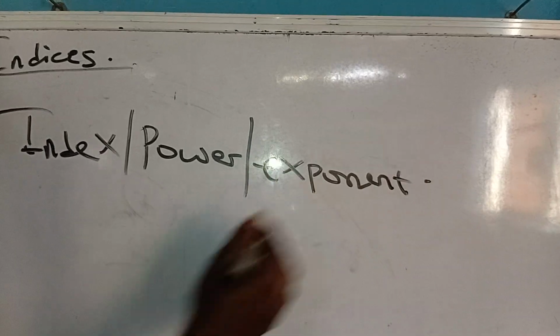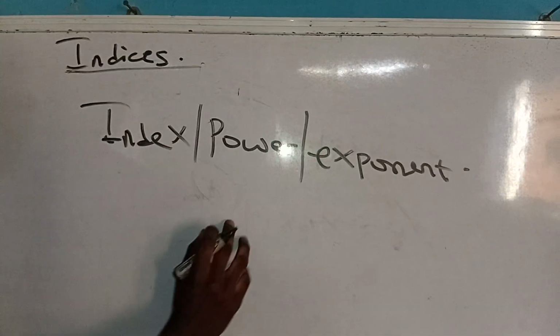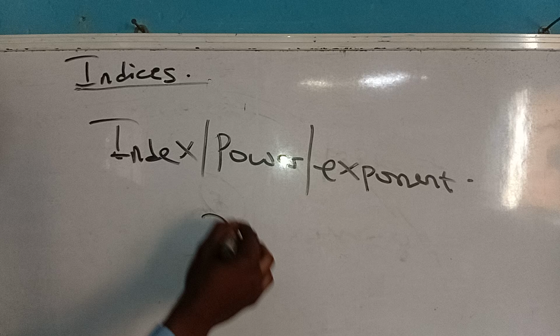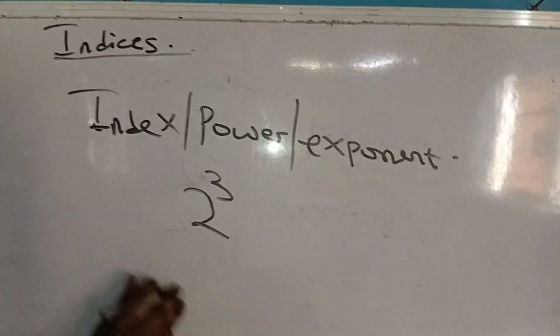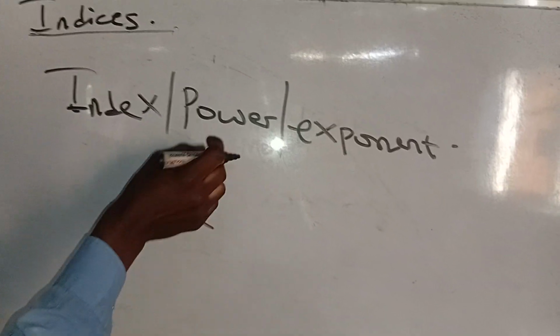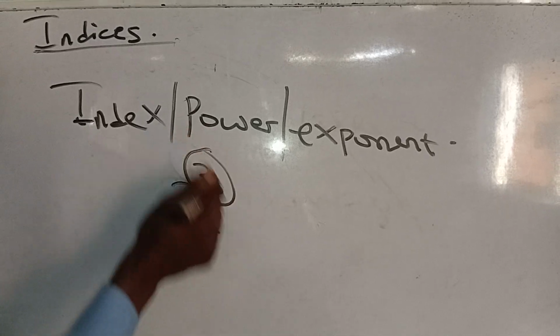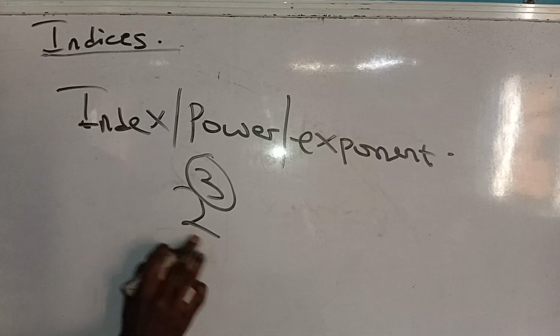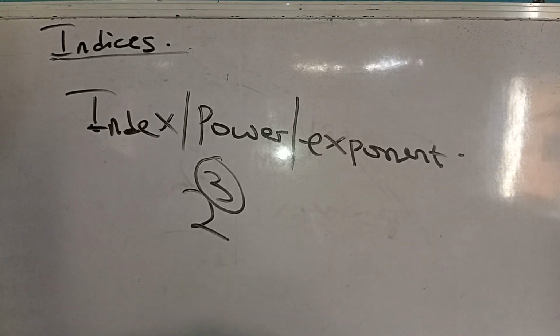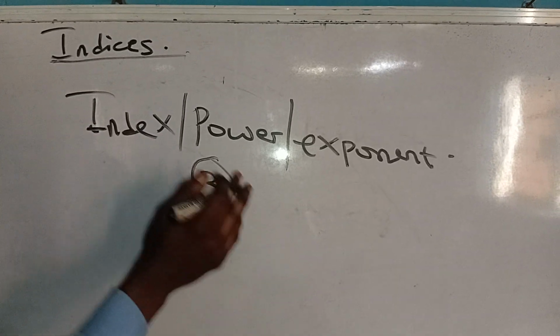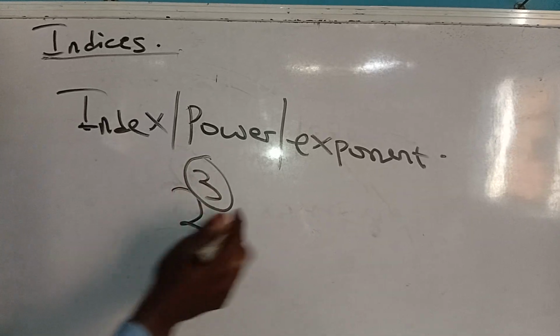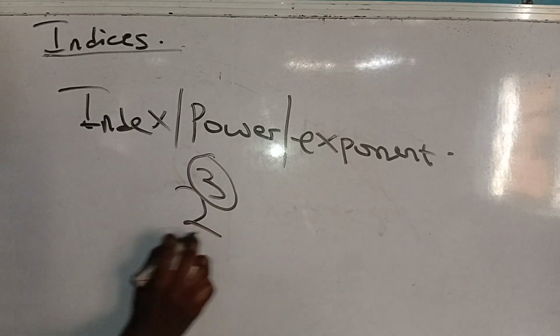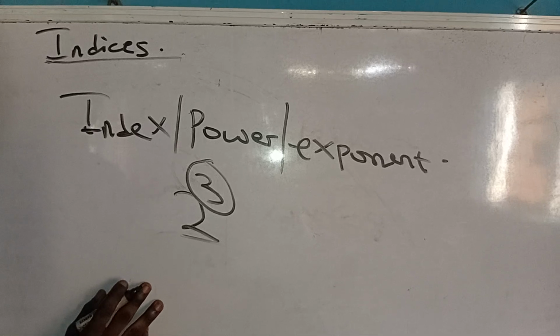Exponent. So firstly, if you are having something of this nature, which is 2 raised to power 3, that means this power is telling us how many times we have to multiply this 2 to give it a product. So 3 is what you are having as the power, and 2 here is what you are having as the base.